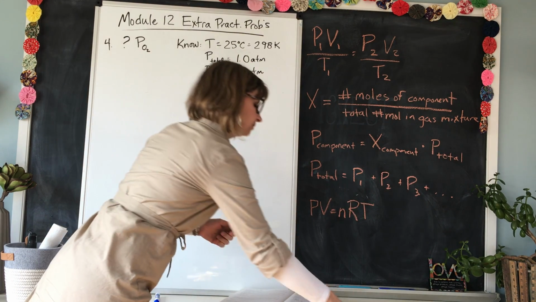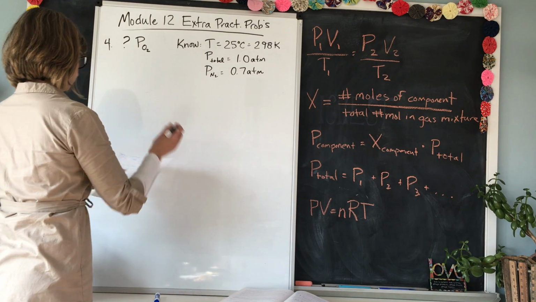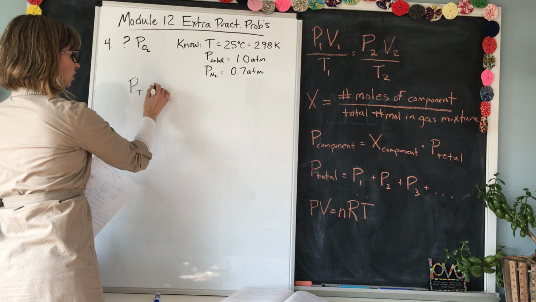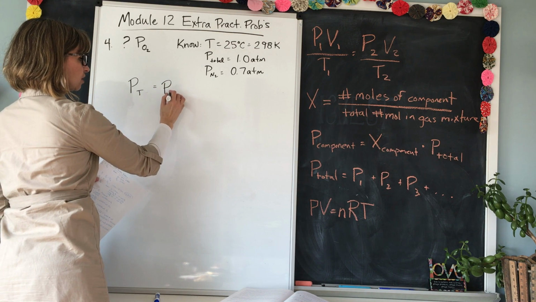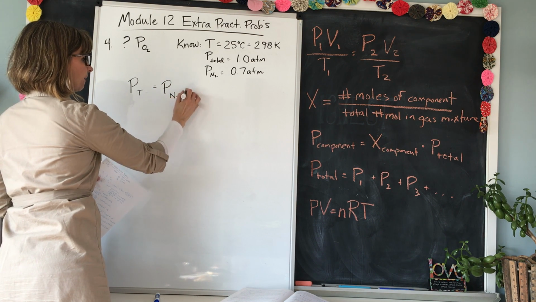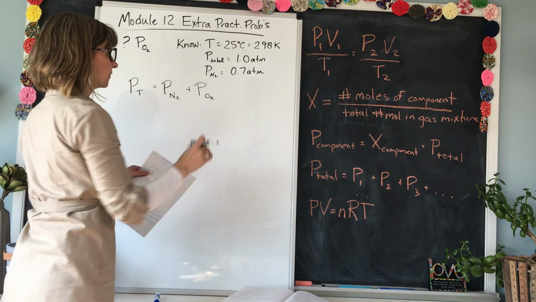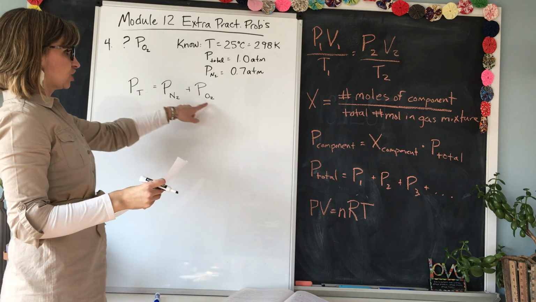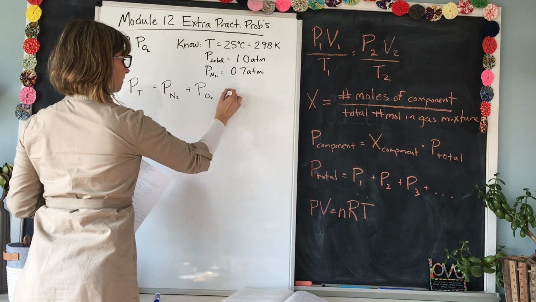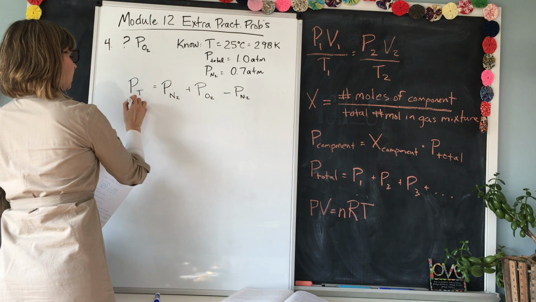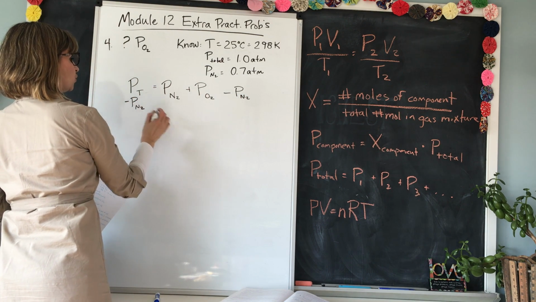So that would mean that in this case, P total would equal the partial pressure of nitrogen plus the partial pressure of oxygen. So we want to solve for oxygen, so we're going to subtract both sides by the partial pressure of N2.